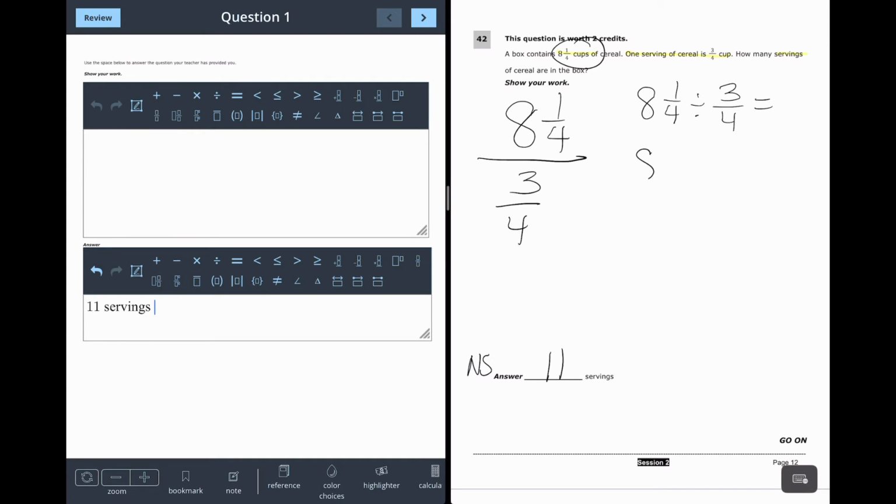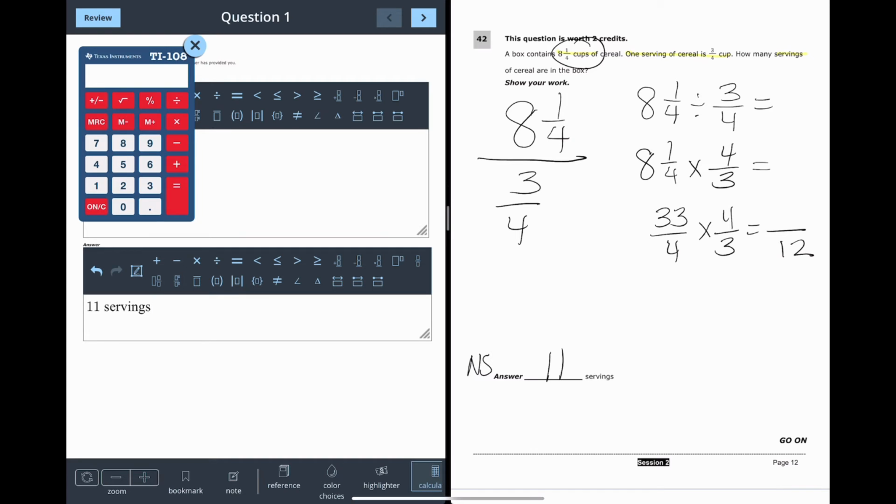Now we're going to rewrite this as a multiplication problem. We'll multiply by the reciprocal. And now I'm going to change my mixed number to an improper fraction. So we can multiply, and 12 is on the bottom. We'll use our calculator over here. 33 times 4 is equal to 132.